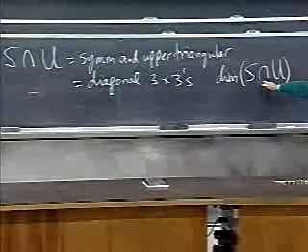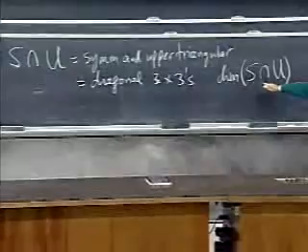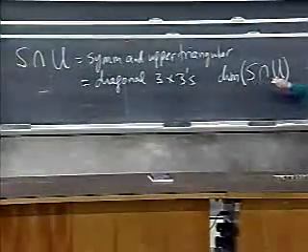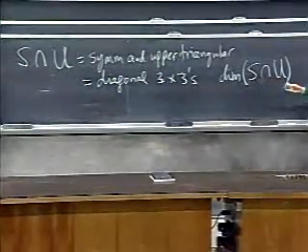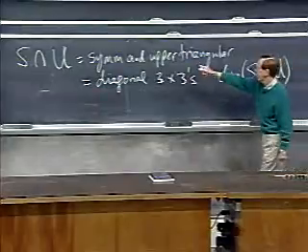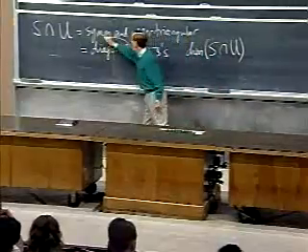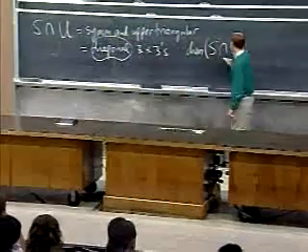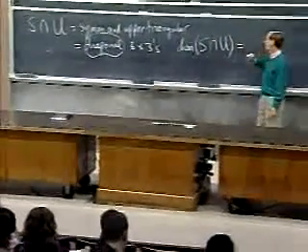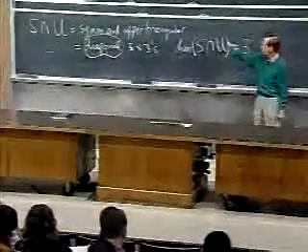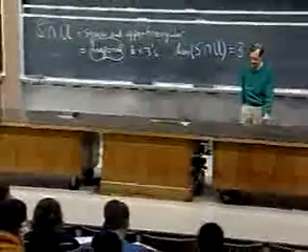You're okay with that symbol? That's the vectors that are in both S and U, and that's D. So S intersect U is the diagonals, and the dimension of the diagonal matrices is 3. And we've got a basis, no problem.